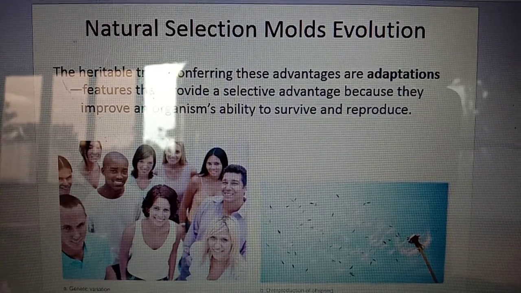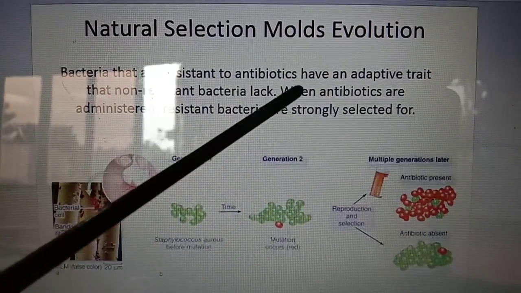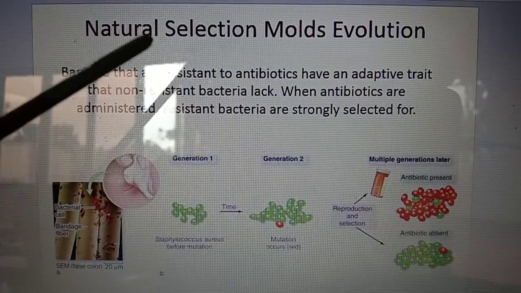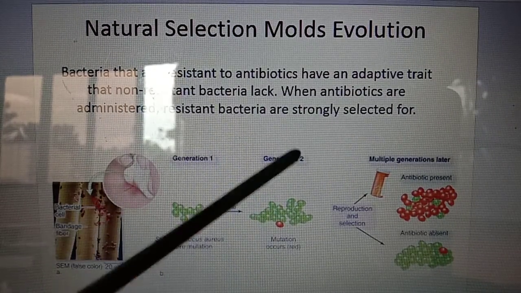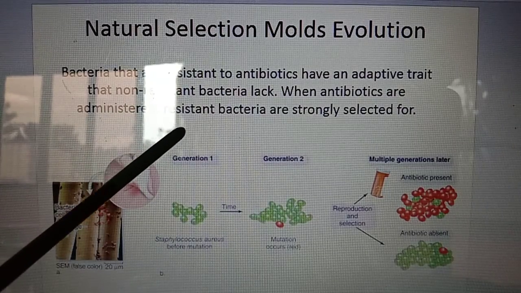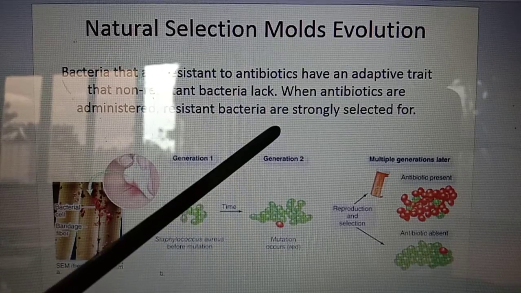How about in bacteria? Bacteria that are resistant to antibiotics have an adaptive trait that non-resistant bacteria lack. When antibiotics are administered, resistant bacteria are strongly selected for.